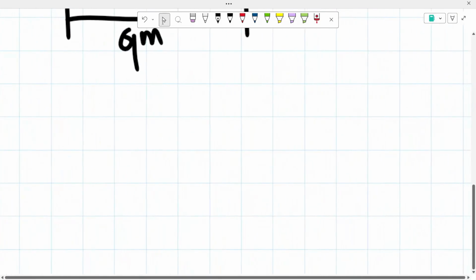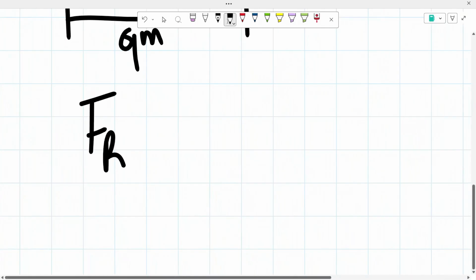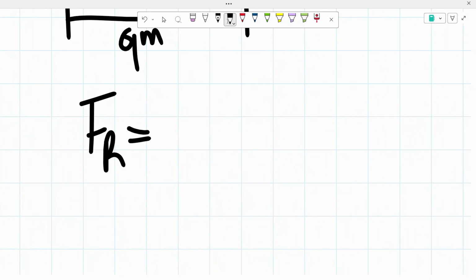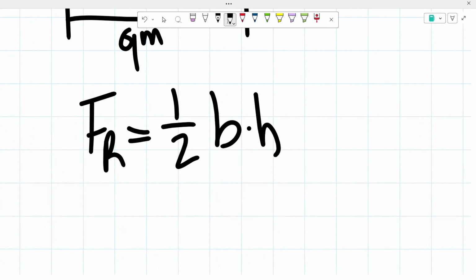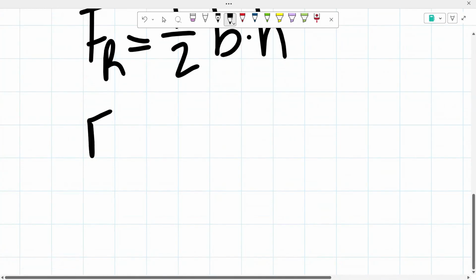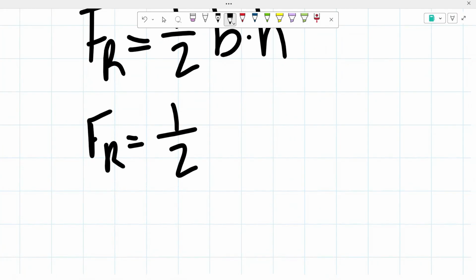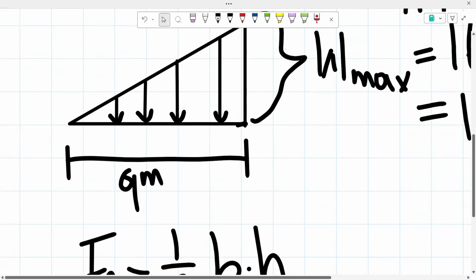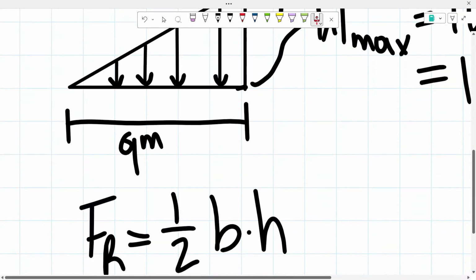So to find a resultant force for a right triangle, you have to remember this equation. F of R, or our resultant force, is equal to 1/2 of the base times the height, just like any other triangle. So here, our resultant force is equal to 1/2 the base, since now we're dealing with this right triangle right here, of 9 meters.